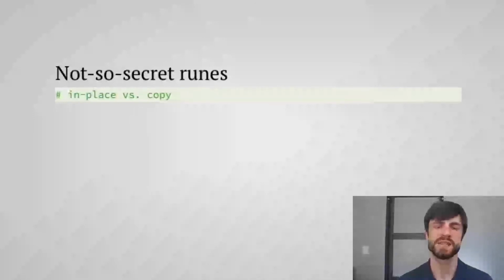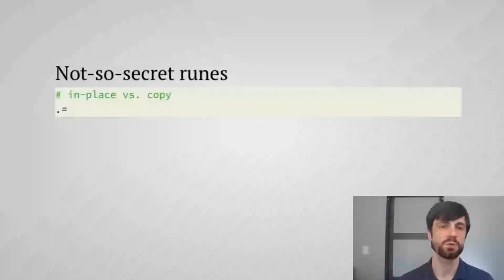Raku takes a slightly different approach, and I think a better one here, in the same sort of compositional way we've been talking about. Pretty much everything I have shown you so far has been a copy version, but we can compose that to do it in place with the dot equals meta operator.